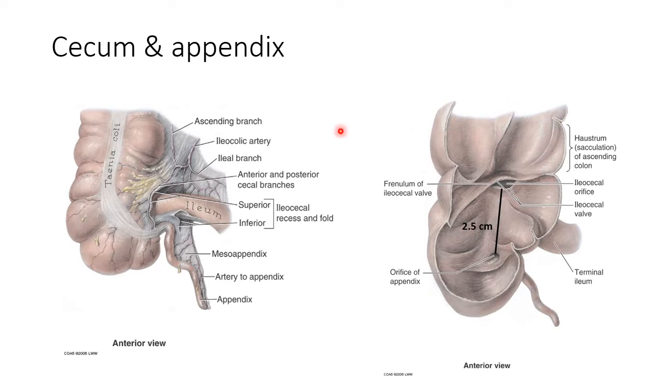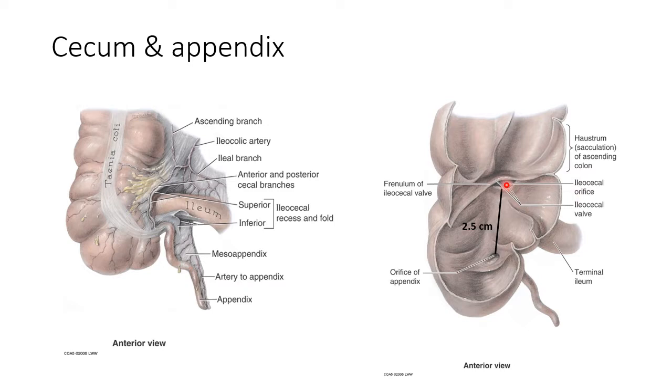Now let's focus on certain features related to some parts of the large intestine. If we start with the cecum, I already mentioned where you find it and what the anterior and posterior relations are. Now we just need to focus a little bit on this area, which is where the ileum joins the cecum. We call it the ileocecal junction, and it opens over there, and that is the ileocecal orifice.